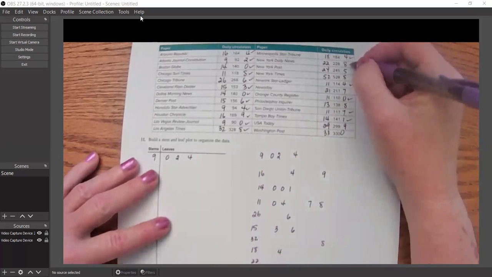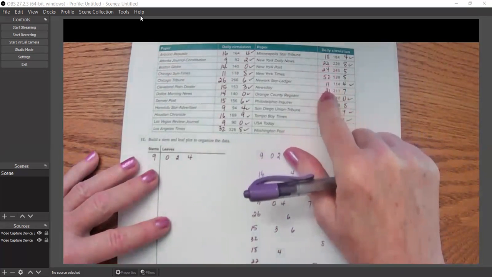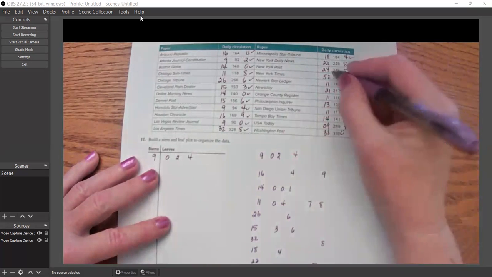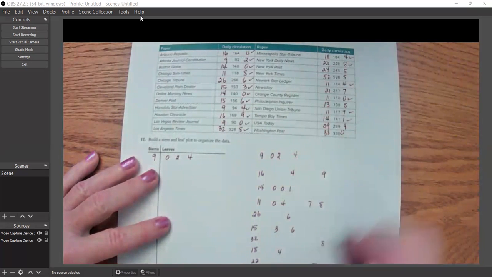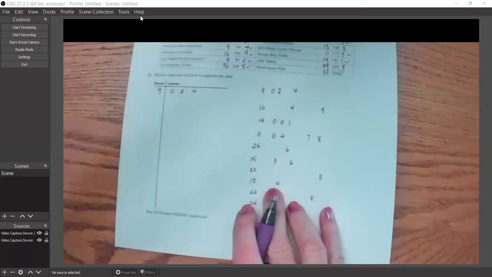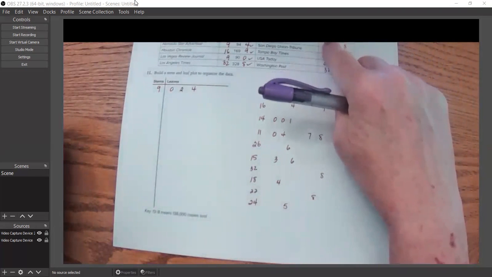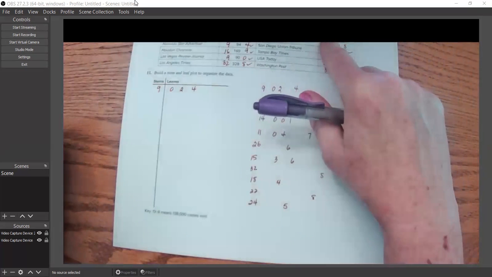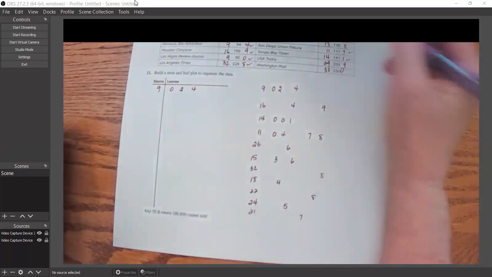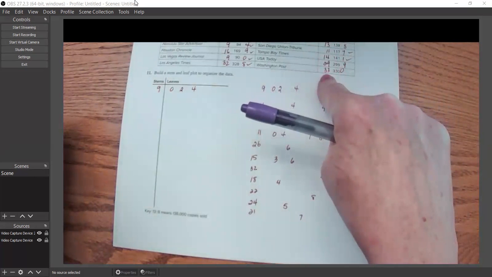Stem of 22. I have a 22, 8. Any other 22s? Nope. Here's a 24. So I have my 24, 5, and no other 24. Here I have a 21, 7, and no other 21s.